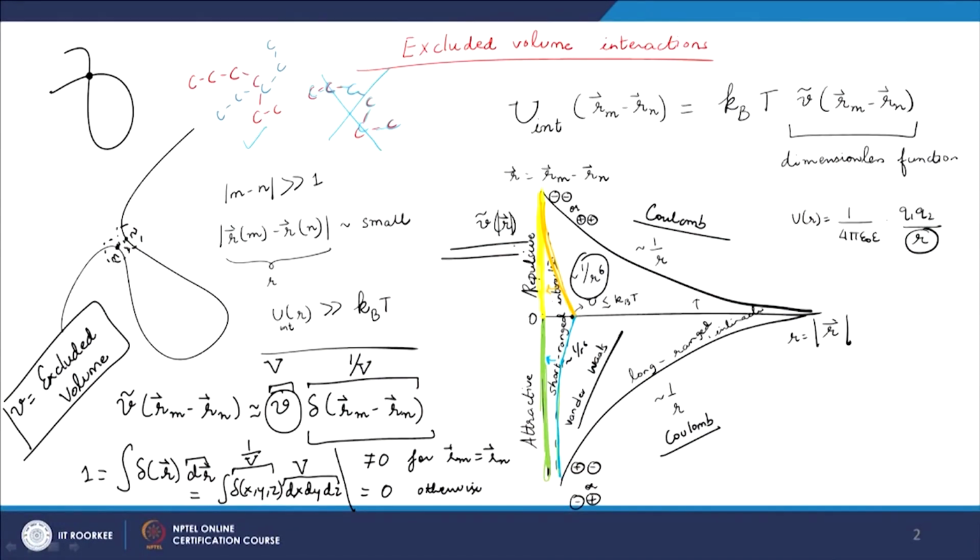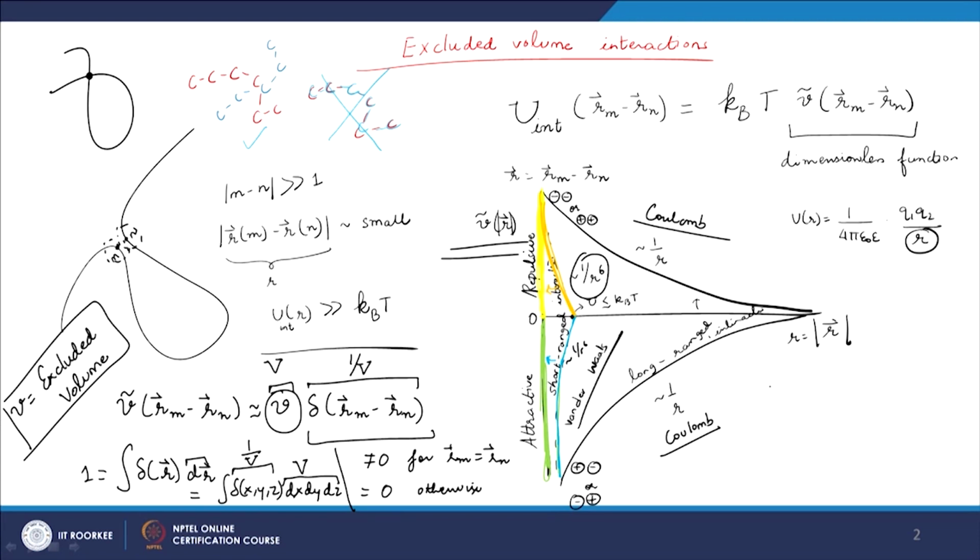If I go to longer distances, the interaction is present, but that is smaller than kBT. So, we can think of a smaller volume around the segment M for which the interactions are substantial. That particular volume we can think of as the excluded volume, but the analogy ends here because it is not always excluded. The parameter V, as we will see, can be both positive and negative, because V tilde can of course be both attractive and repulsive.